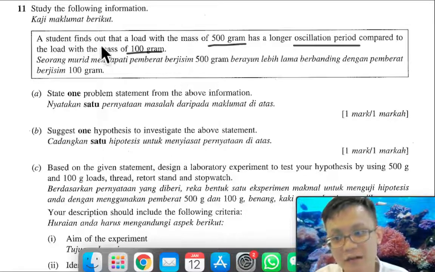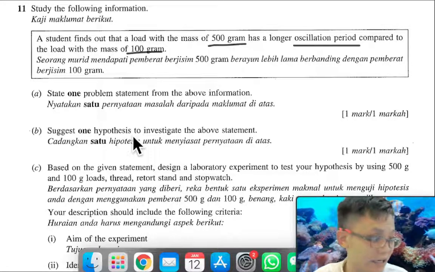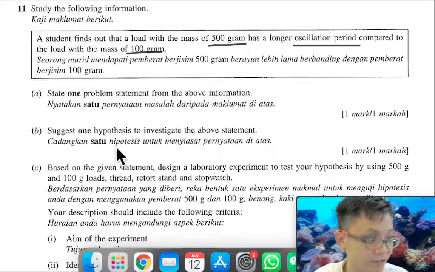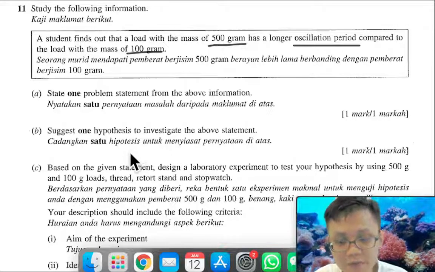So actually there are a few possible hypotheses and we don't know what the hypothesis for this experiment is. Can we say the hypothesis of this experiment is, like, the heavier the load.